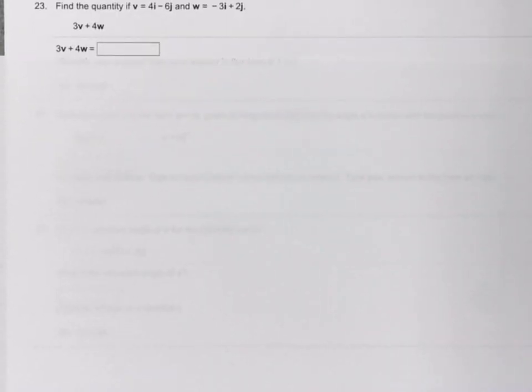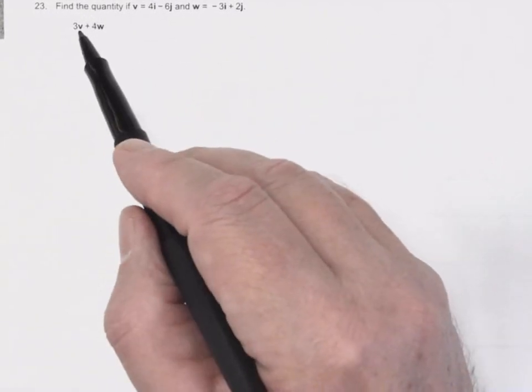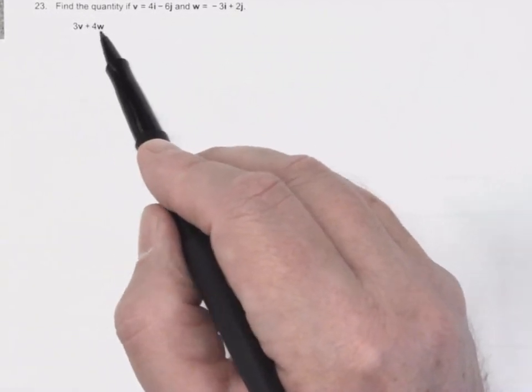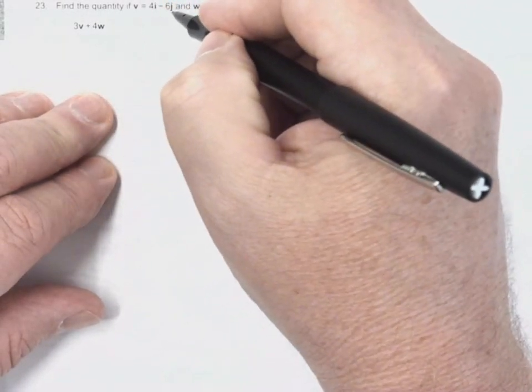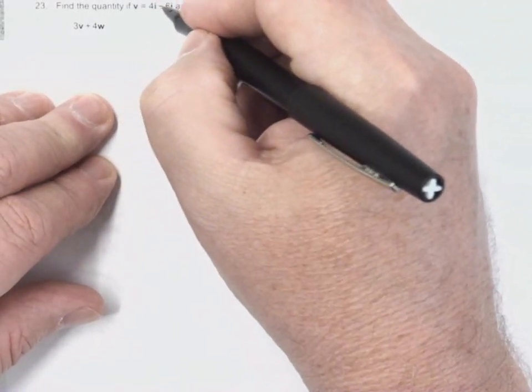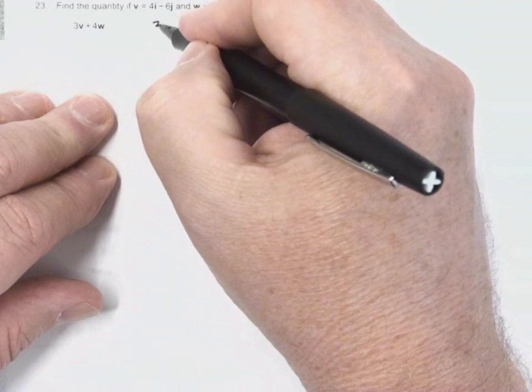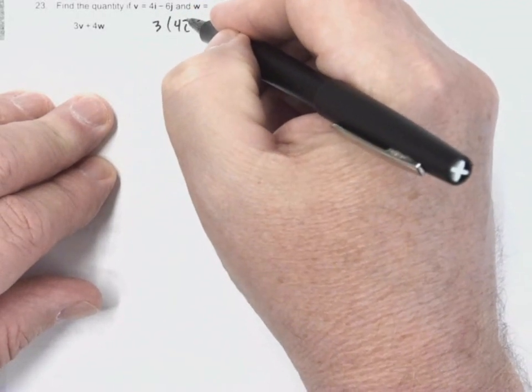Here's another one. Oh no, not the same one. So they give you two vectors, v and w. And they want to take 3v plus 4w. So this is not difficult. So 3v means 3 times the v vector. I'll write it like this.